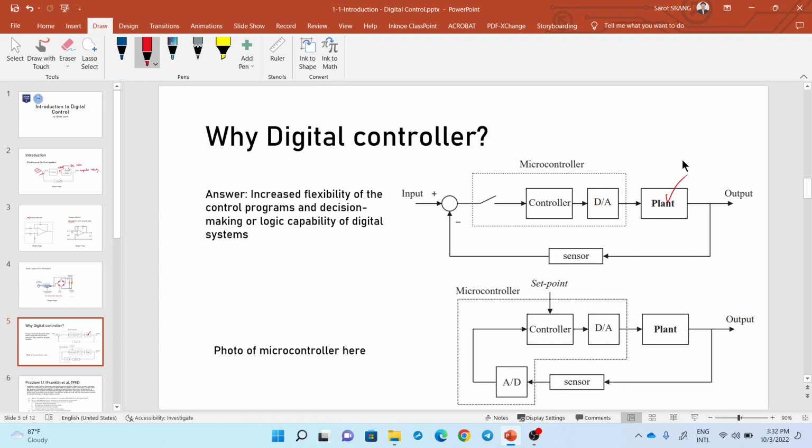So the controller that you need to compute is only this part. So this one is hardware or the system itself, okay, system itself. This one is sensor, also a device.